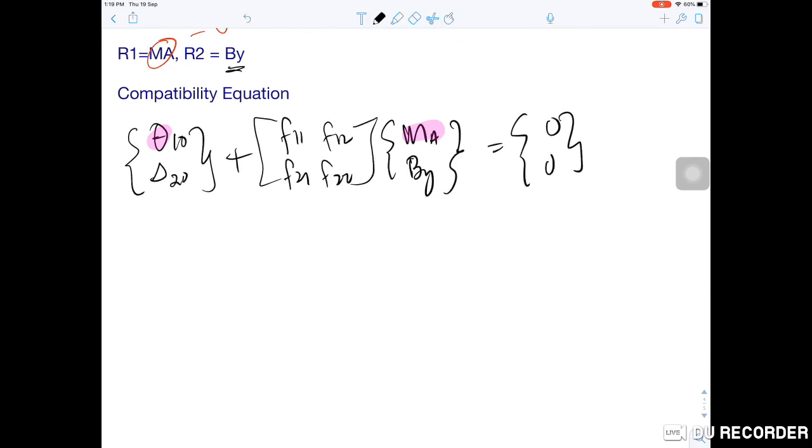Okay. In this compatibility equation, there are six displacements. All these are displacements.